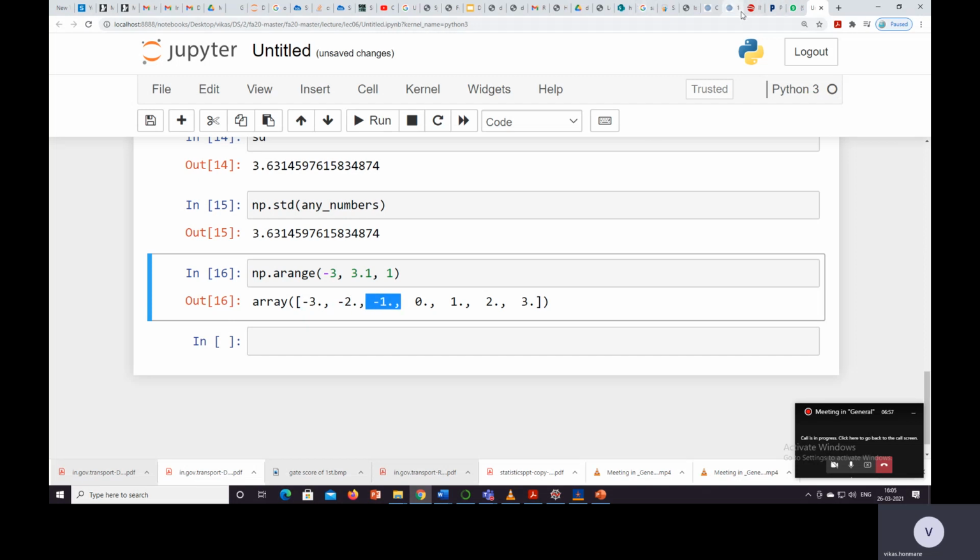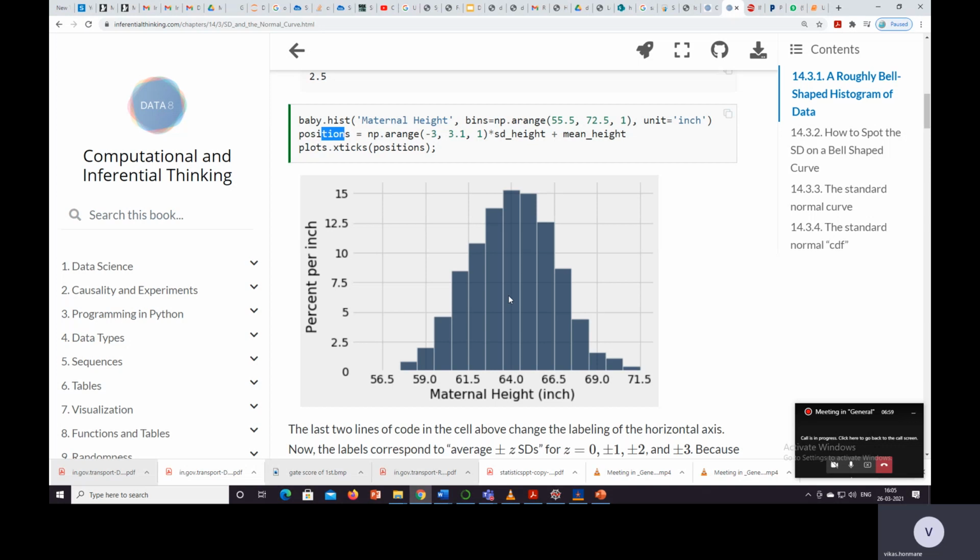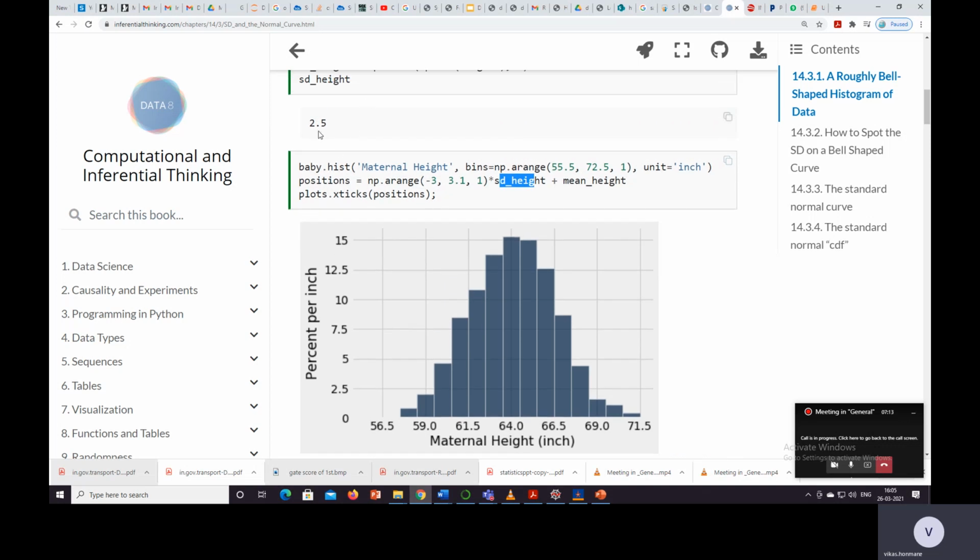So here we are getting the list starting from minus 3. We will multiply this minus 3 with the standard deviation of height, which is 2.5. So minus 3 into 2.5.